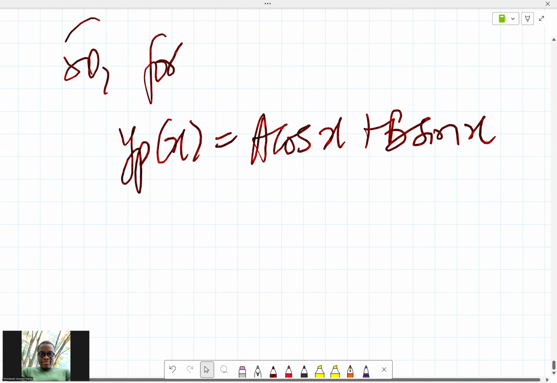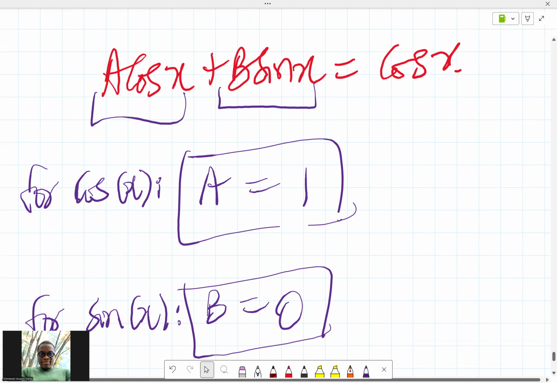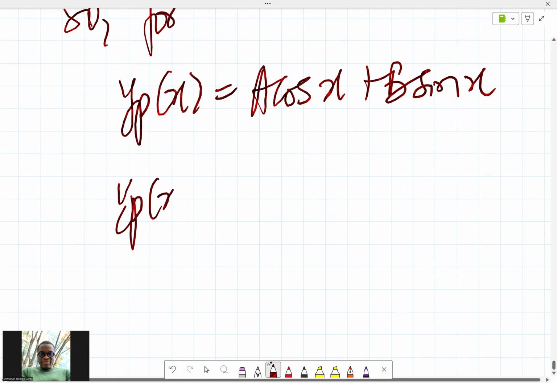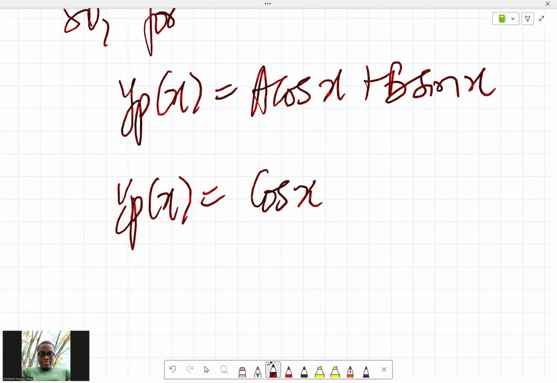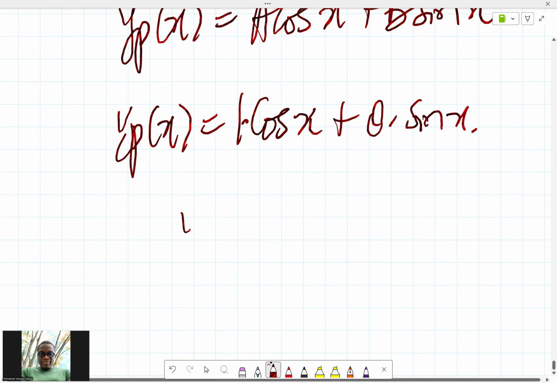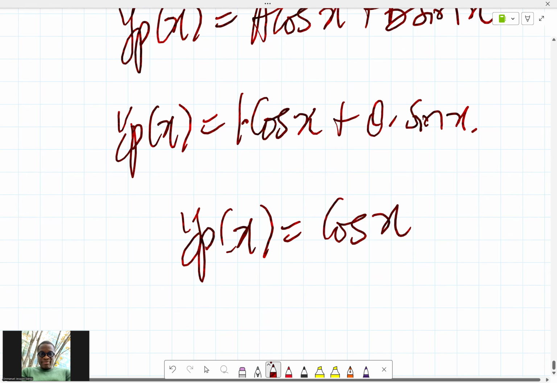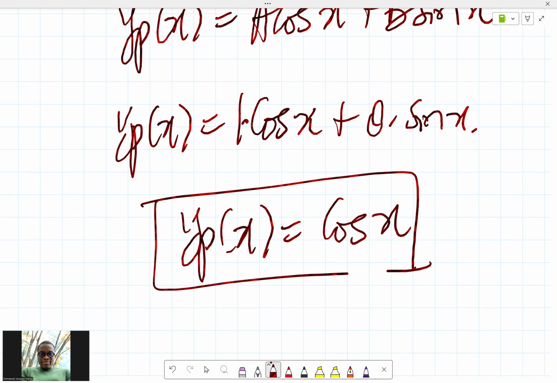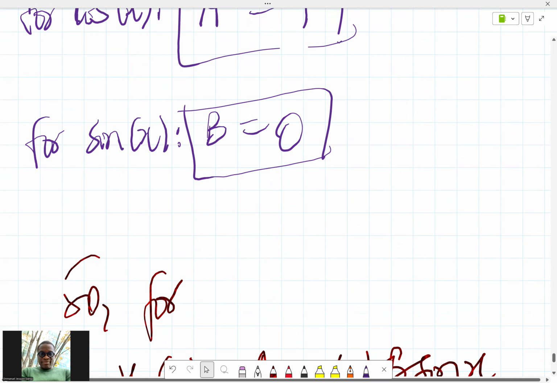With a as 1 and b as 0, we have yp of x equals 1 cos x plus 0 sine x. So that simply tells us that yp of x is equal to cos x. Our particular solution is yp equals cos x.